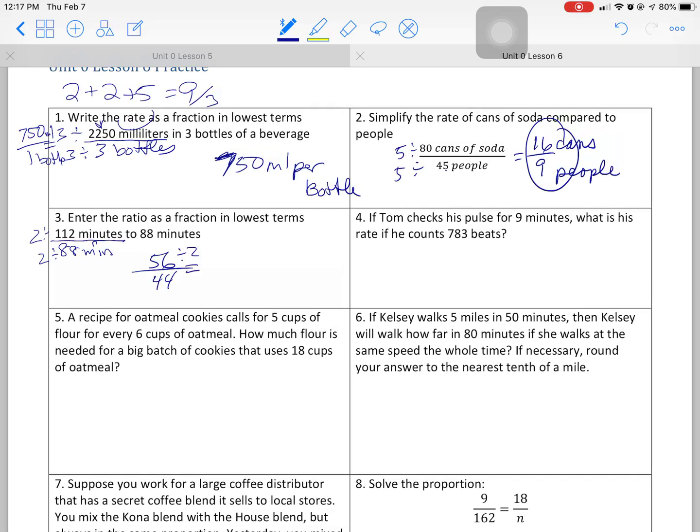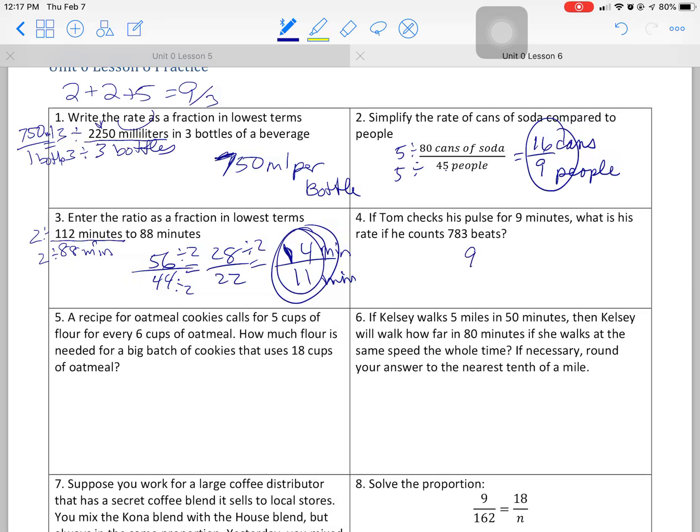They're both even still. Let's keep going. 56 divided by 2 is 28. 44 divided by 2 is 22. They're still even. Divided by 2 is 14. Divided by 2 is 11. That looks good. That is a ratio as a fraction in lowest terms: 14 minutes to 11 minutes, or just 14 by 11.